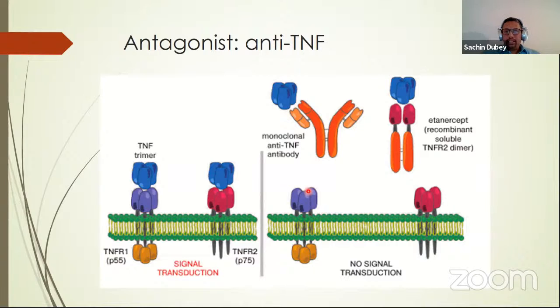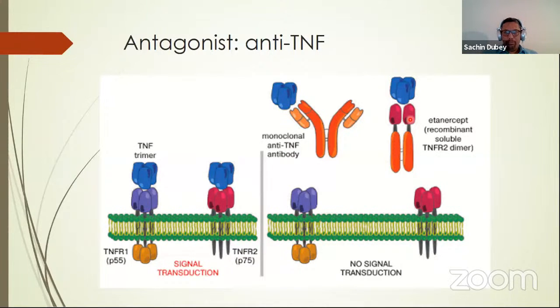So in this case, it's a monoclonal antibody. Another option could be you take just the receptor part which is outside the cell membrane, you kind of graft it on the Fc part of a monoclonal antibody, so that now the interaction with the TNF and TNF receptor will remain more or less as in the physiological condition.